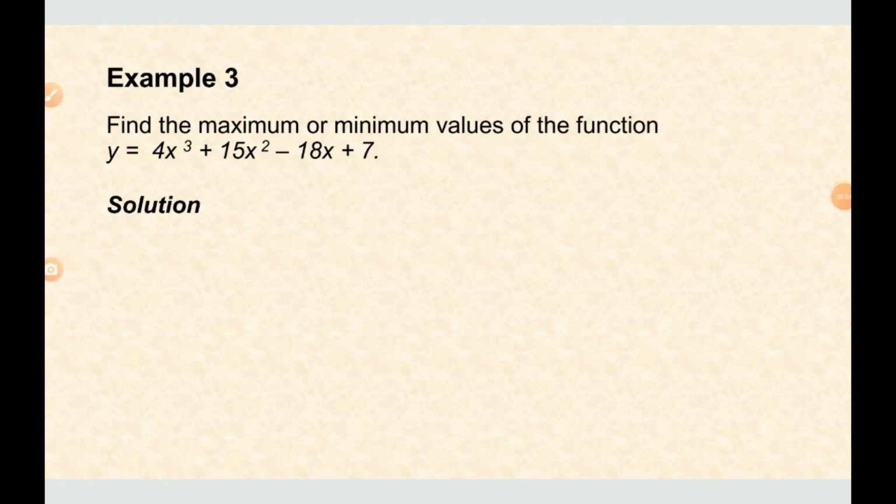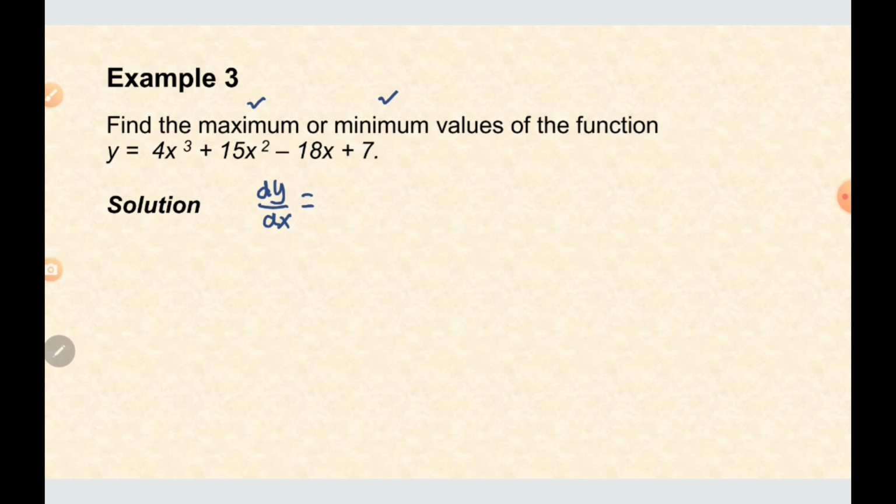Find the maximum or minimum values of the function y equals 4x cubed plus 15x squared minus 18x plus 7. To find the maximum or minimum values of the function, we need to find dy/dx first.